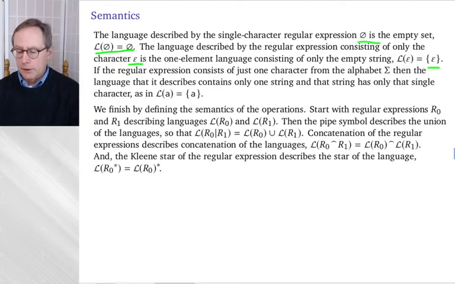Okay, well, if the regular expression contains a lowercase a or a lowercase b or a single character from the alphabet, then the associated language is just the set consisting of that one character. So the language of the regular expression, just an A, is the set consisting of just one string, where that string is just one character, A.